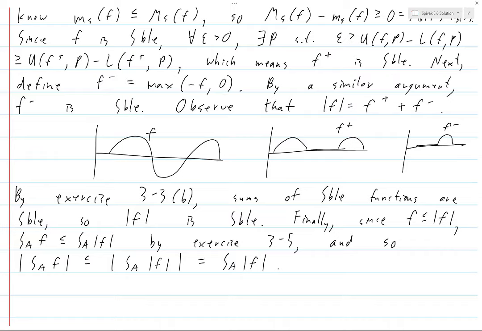Then you look at general functions. You take a real valued function, a function which can be positive or negative, and you break it up into its positive part and its negative part. And then you see if you can integrate the positive part and the negative part separately. And if you can, then you can combine them. And that's how you define an integral for real valued functions.